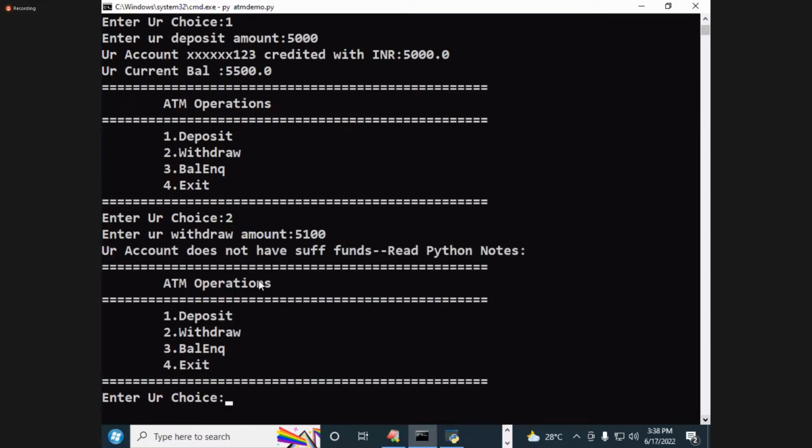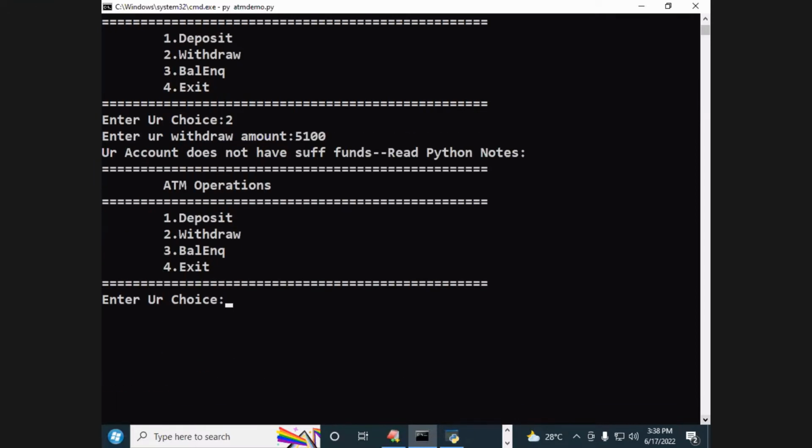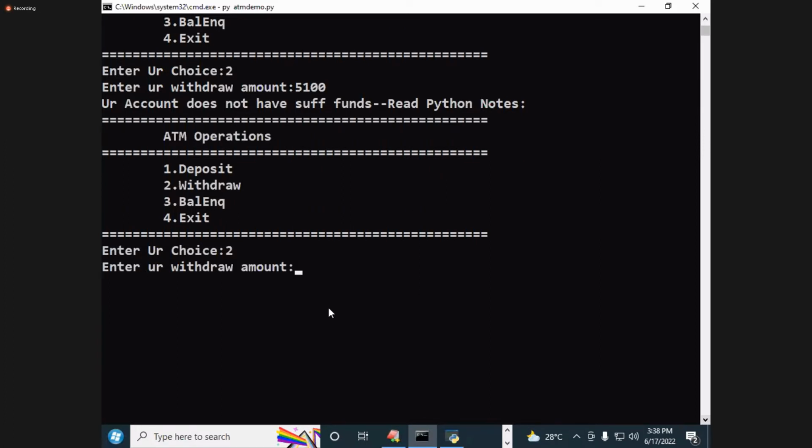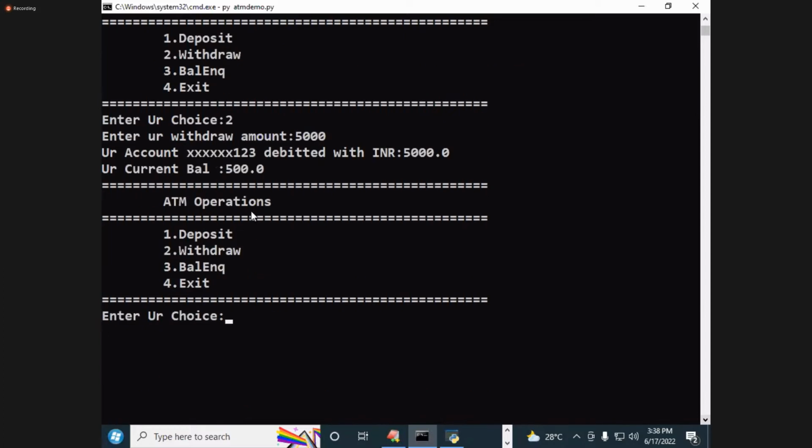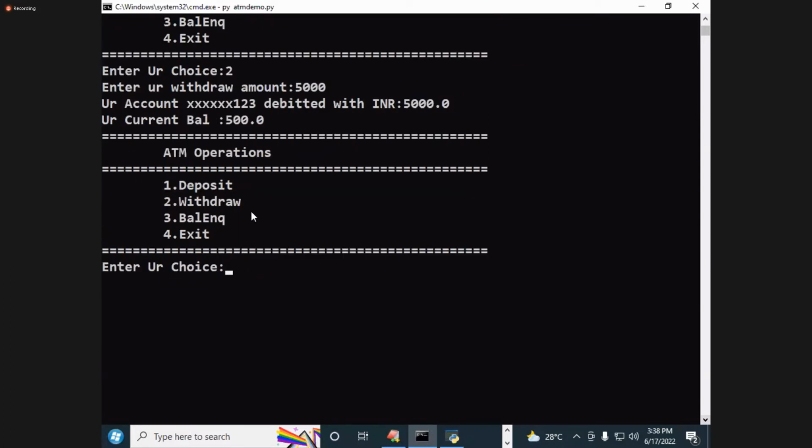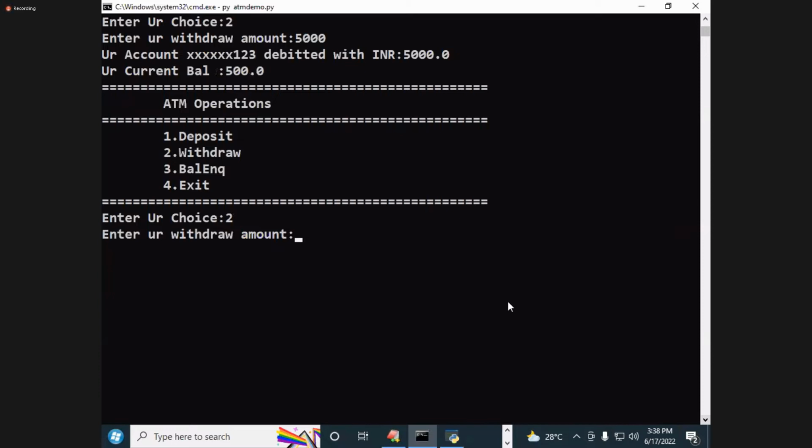Read Python notes. Second, 5,000. Can it give? Yes, it can give. 500. Right. So, I'll go for it. Now, enter your choice. 2. Enter. I'm going to write. Now I'm going to see. Deposit.